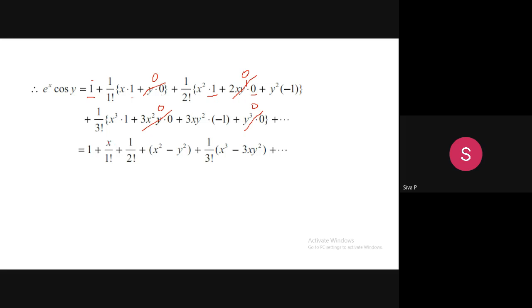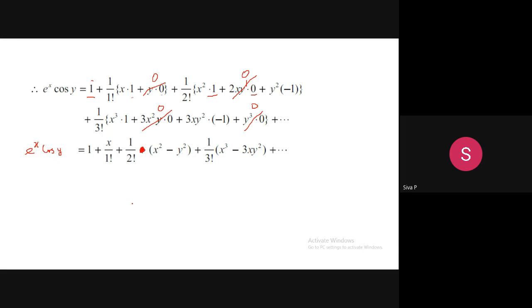Therefore 1 plus x by 1 factorial plus 1 by 2 factorial into, it is not plus, some type of mistake is there. 1 plus x by 1 factorial plus 1 by 2 factorial into x square minus y square plus 1 by 3 factorial x cube minus 3x y square. So it is the answer for e power x cos y.